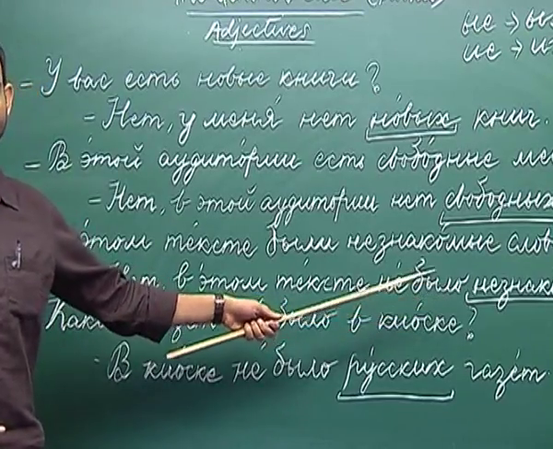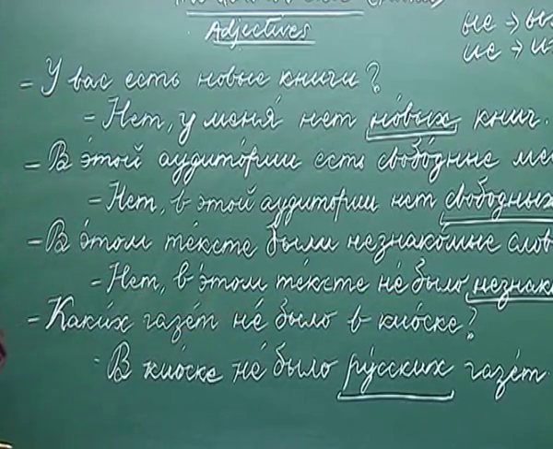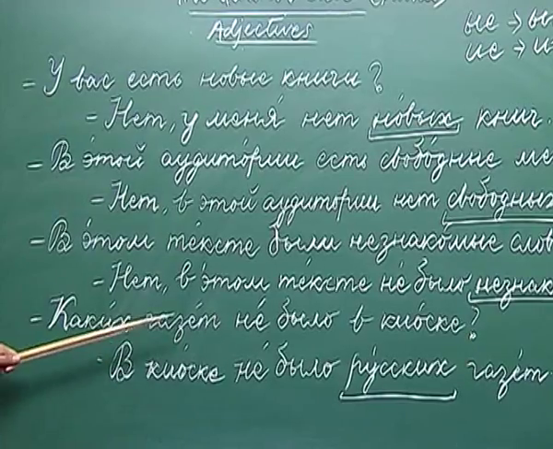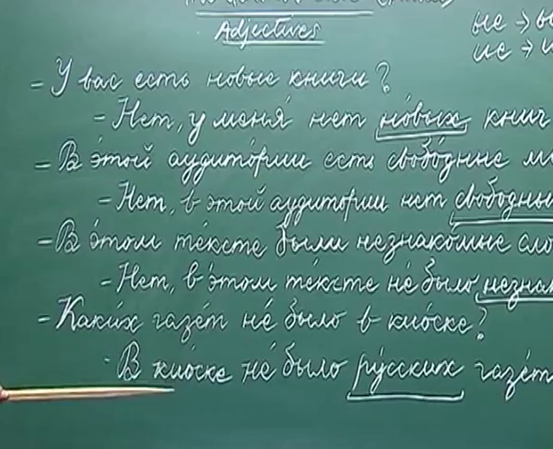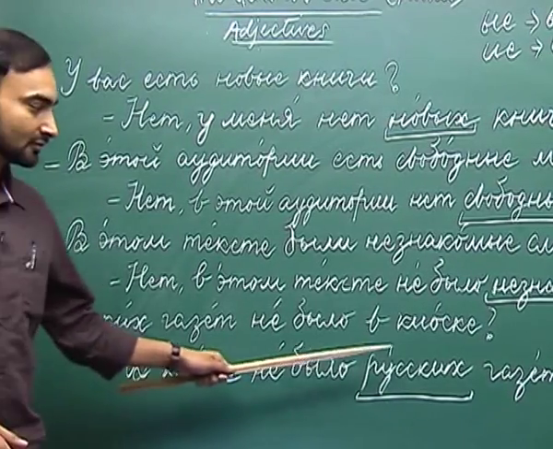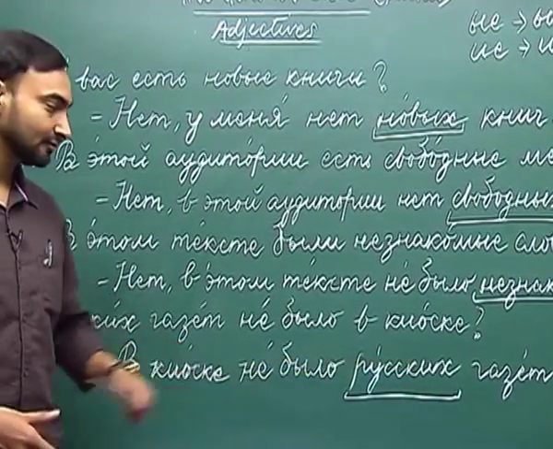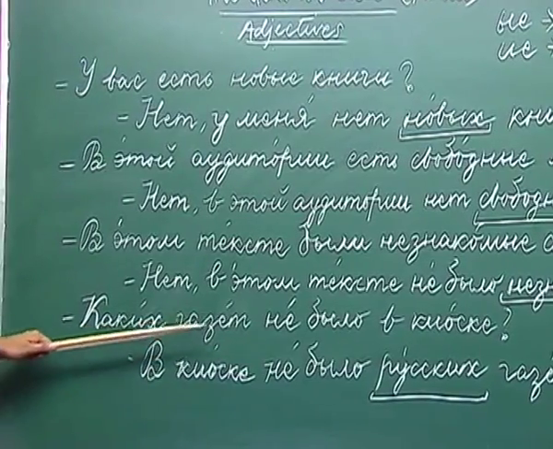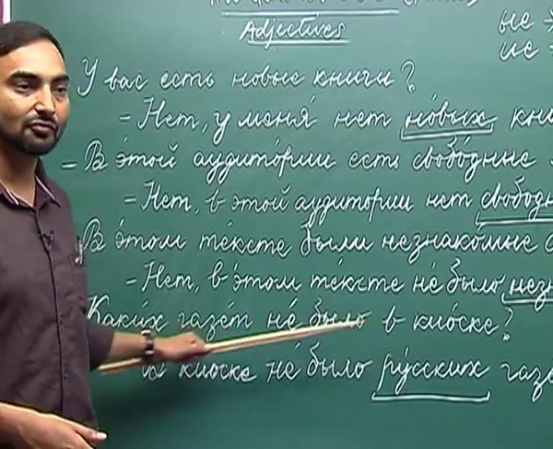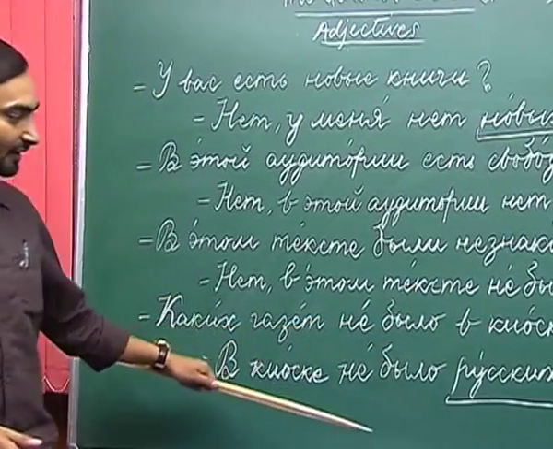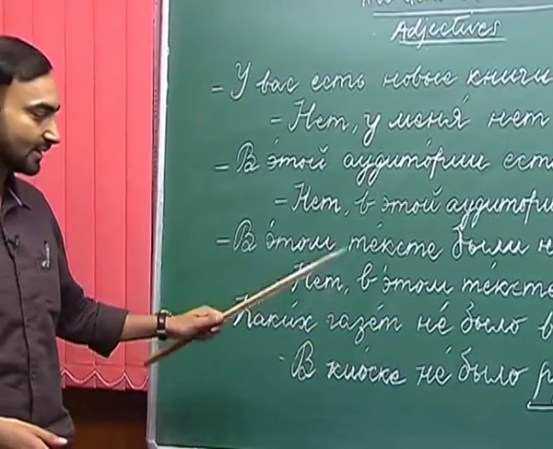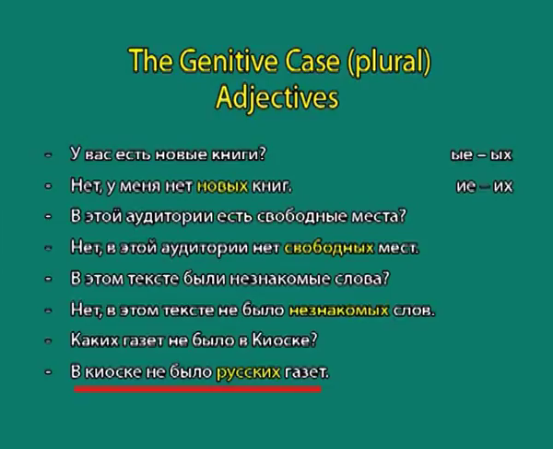Kiosk is booth or kiosk as we translate it in English. How will you answer this question in affirmative? See, the question itself says не было, so the question itself denotes negation. So, we will directly answer this question in negation. В киоске не было русских газет.